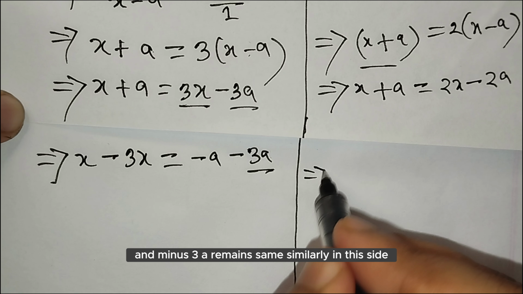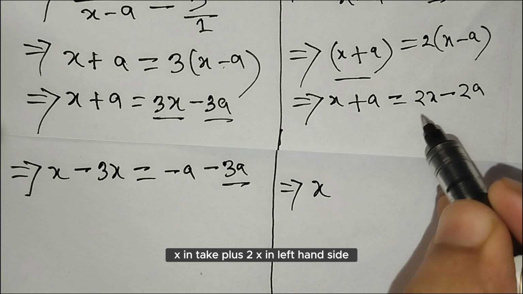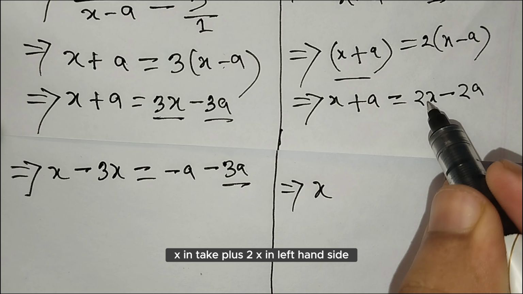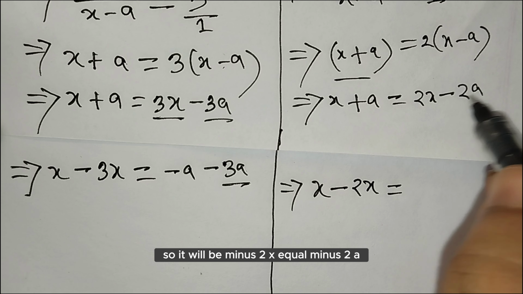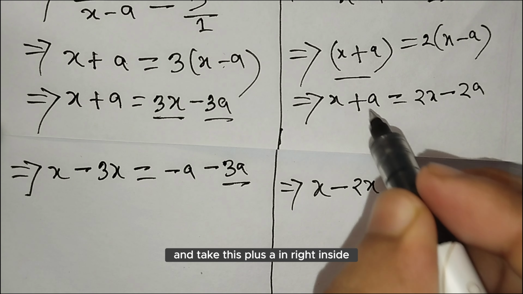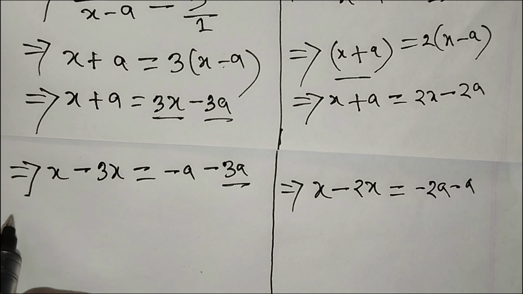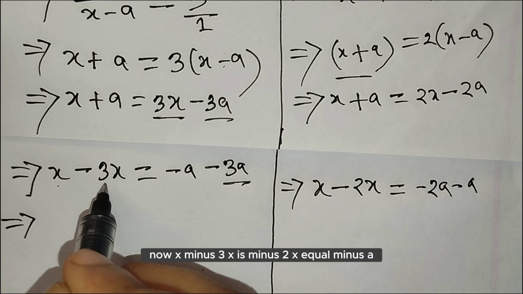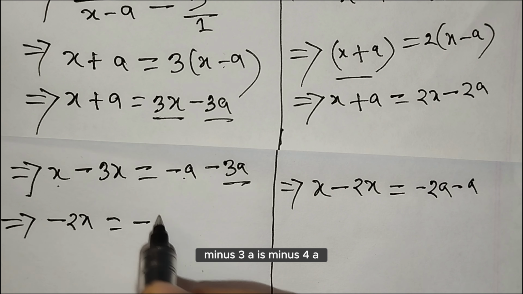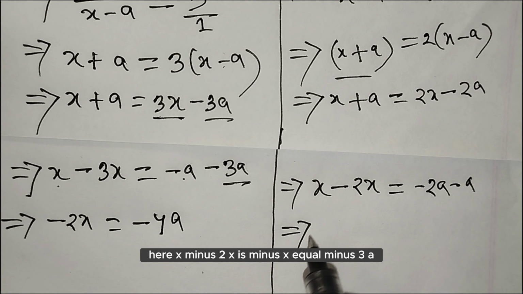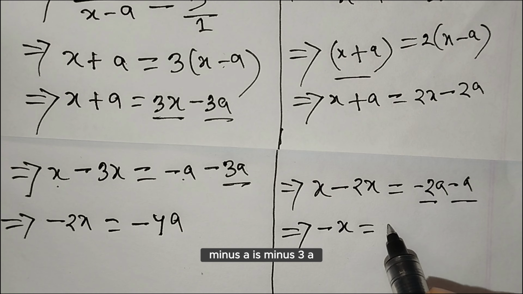Similarly in this side x, take plus 2x in left hand side, so it will be minus 2x equal minus 2a, and take this plus a in right hand side, so it will be minus a. Now x minus 3x is minus 2x equal minus a minus 3a is minus 4a. Here x minus 2x is minus x equal minus 2a minus a is minus 3a.